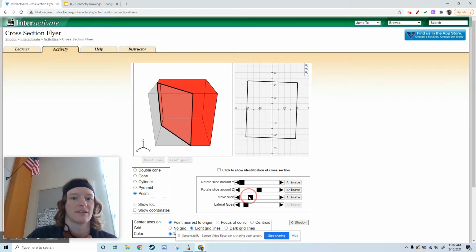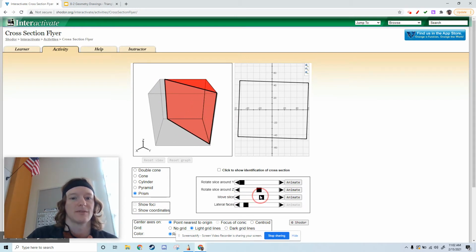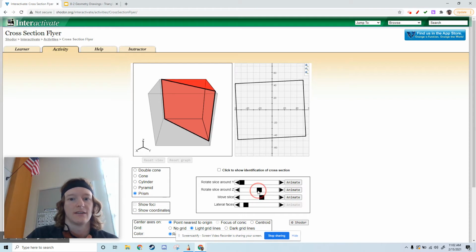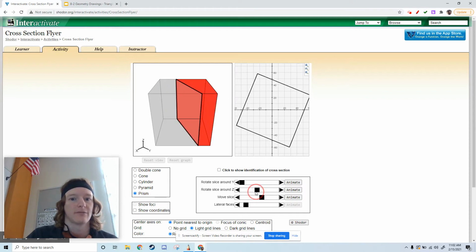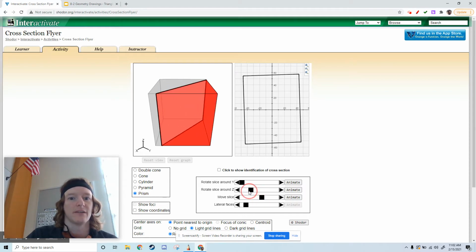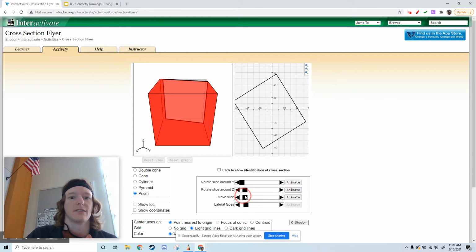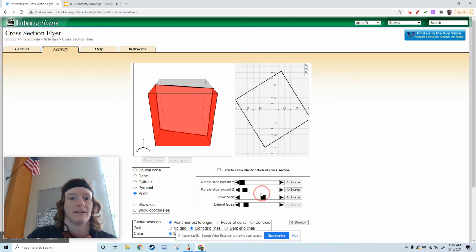Maybe the rectangle is a little skinnier than some other times. Maybe it's a little thicker. But no matter what, it's always a rectangle. And I can rotate my plane around, and I'm still always getting a rectangle, regardless of where I move this, because it's vertical.